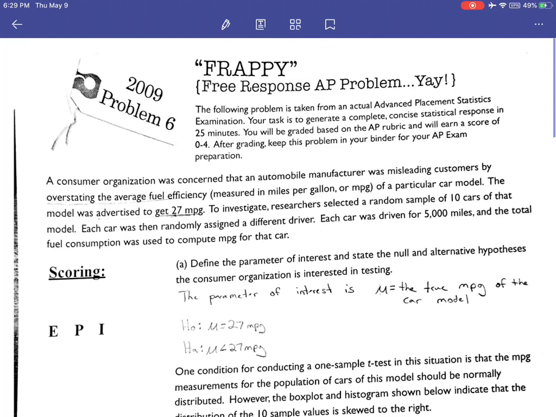The reason that you want to give yourself more time for this is because there's more parts to the free response question. You're pulling information from a lot more parts of the school year, like Unit 1, Unit 2, Unit 3. And then also it's asking you to take it to the next level.